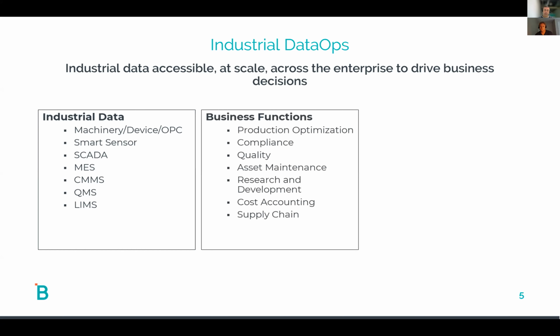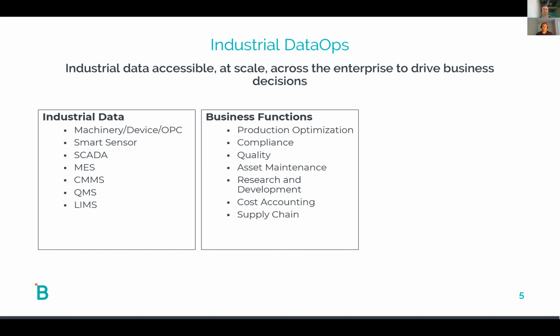But what we're seeing in the last few years is strategic business functions that are looking to use very high resolutions of this data to do things like production optimization across an entire factory, or compliance, or quality, or asset maintenance, or inform research and development with higher information about the manufacturing process, cost accounting, and supply chain.